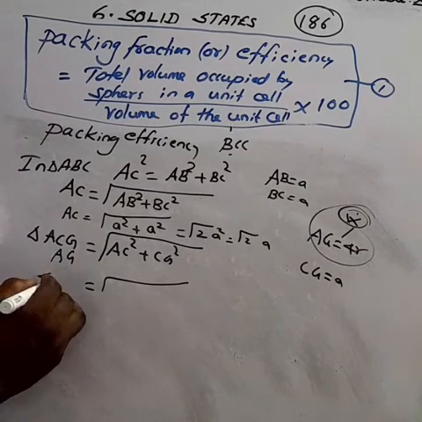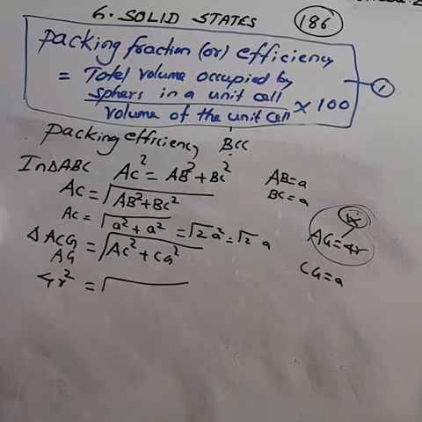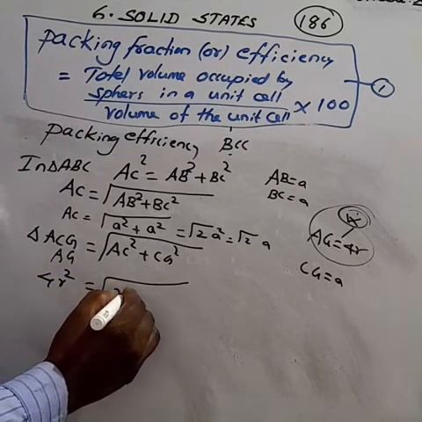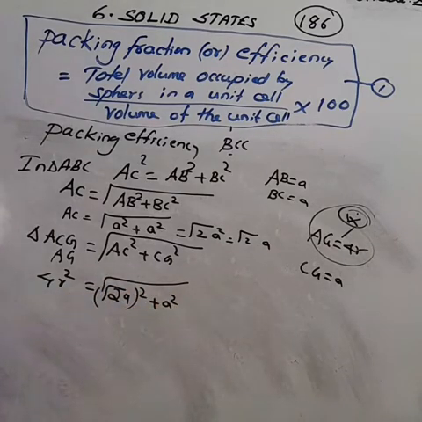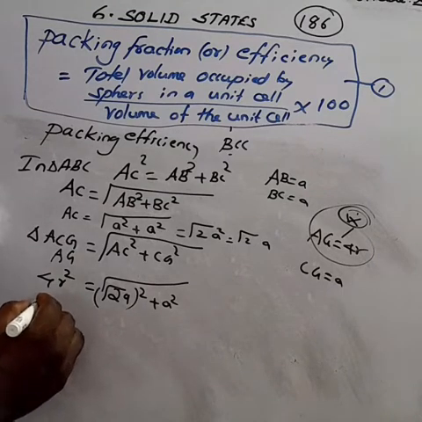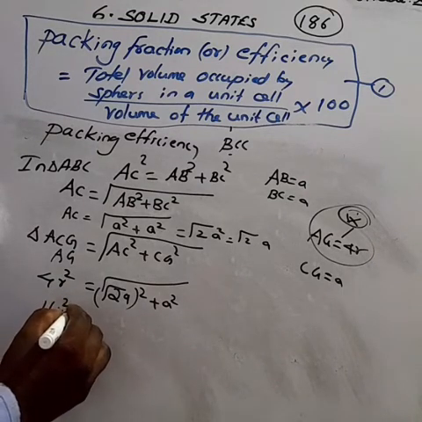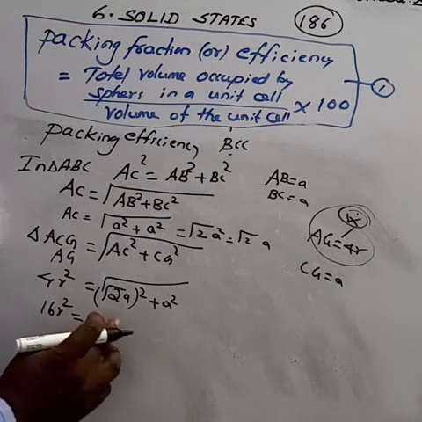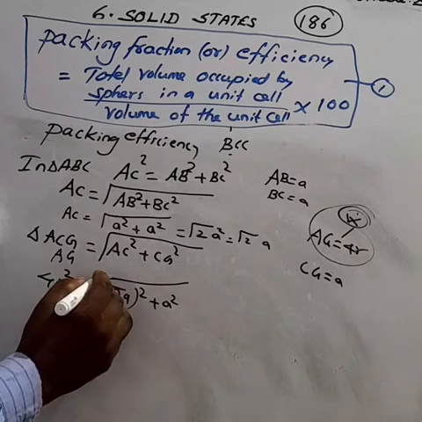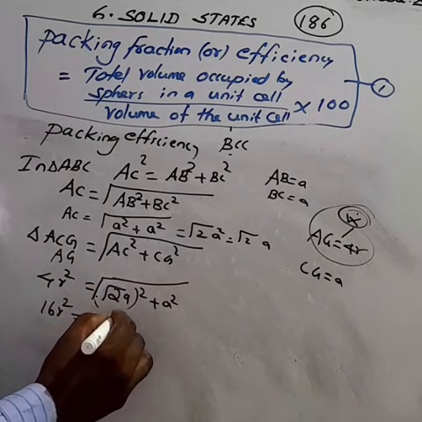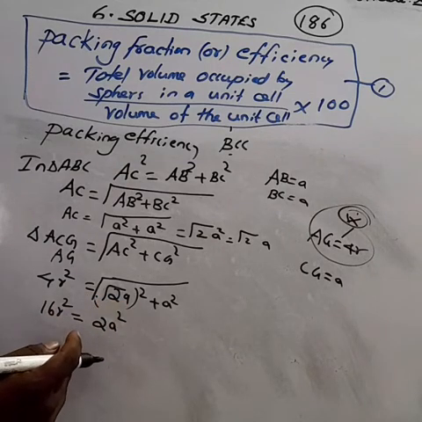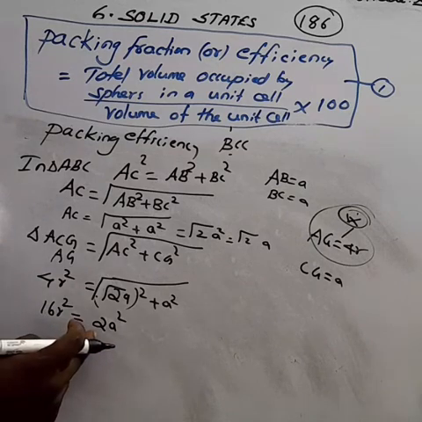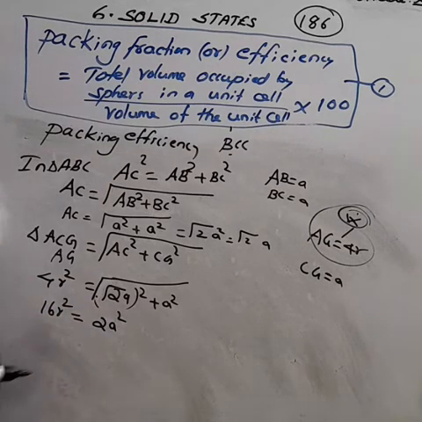So it can be written as (4R) square is equal to (root 2 a) whole square plus a square. (4R) square can be written as 16R square. That is equal to 2a square, since root 2 into root 2 is equal to 2, am I right?